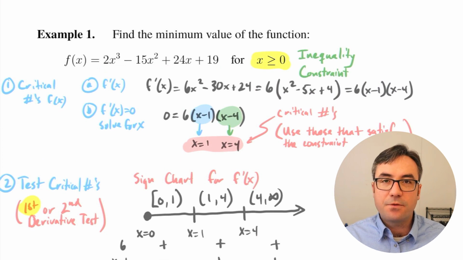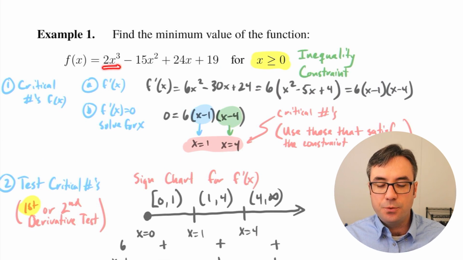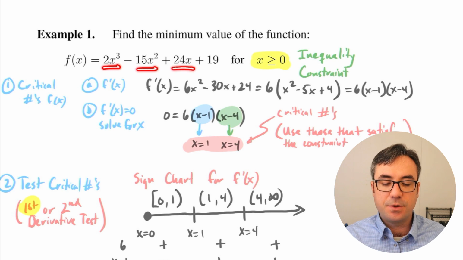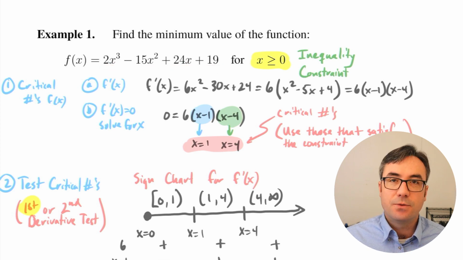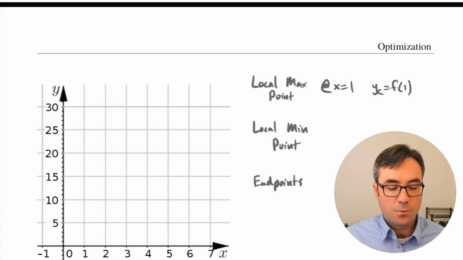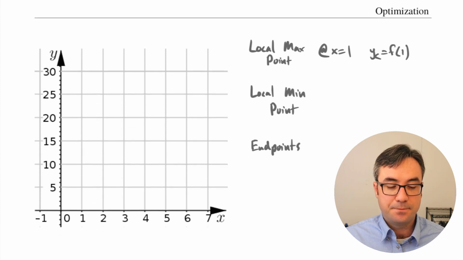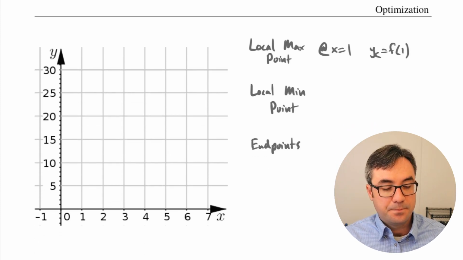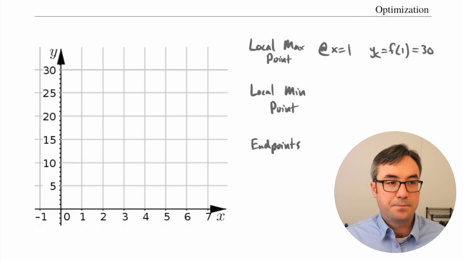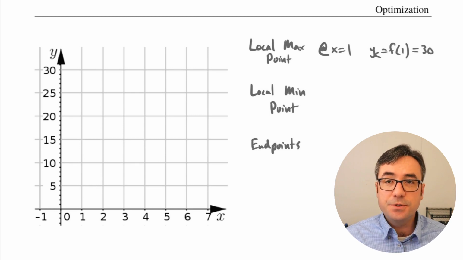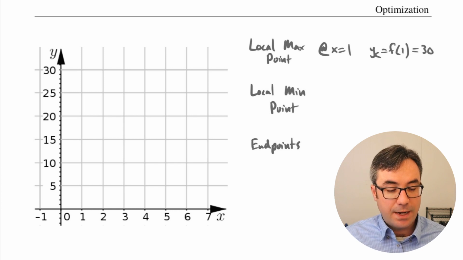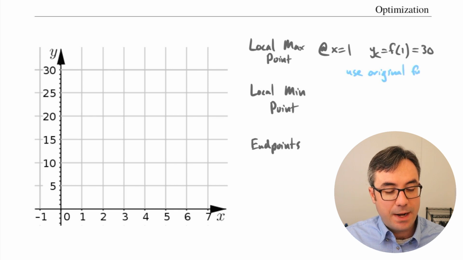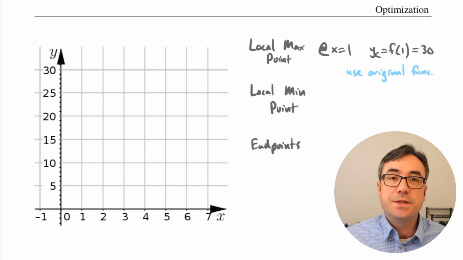We plug 1 in for x, and we're going to get 2 minus 15 plus 24 plus 19. So when we calculate that, we're going to get 30. So we're using the original function here to find our y-coordinate. That's important to keep in mind. Whenever we want the y-coordinate, we're using the original function.